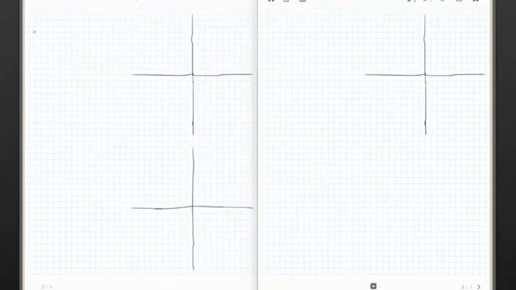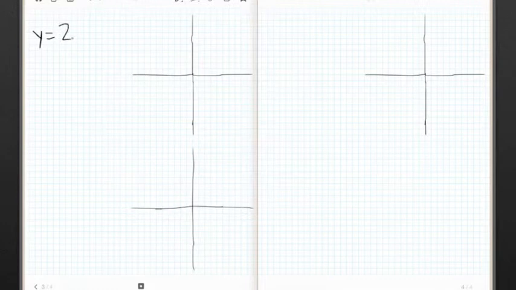Now, if you start out in the y equals mx plus b form, slope-intercept form, it's probably faster and more accurate to just do slope of 2, y-intercept of 4. But you can still use your intercepts. If we set x equal to 0, we just get y equals 4. So we get 0, 4. If you set y equal to 0, we get 2x plus 4 equals 0.